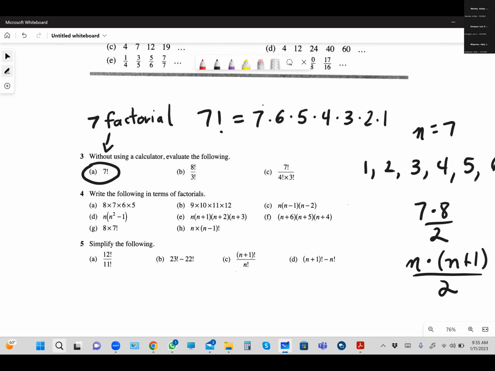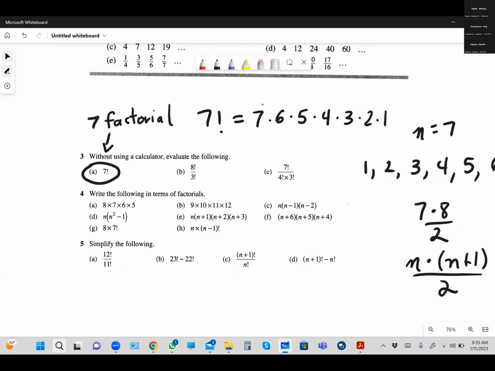Okay? Questions or concerns? We're good? Yes. Okay. Now, look at number 3b. You've got 8 factorial divided by 3 factorial.